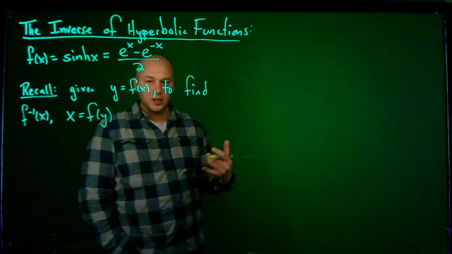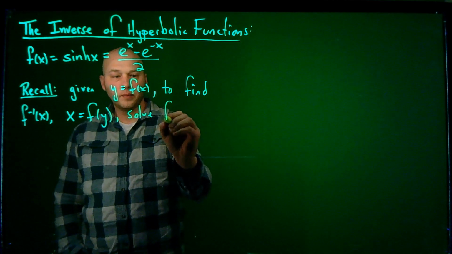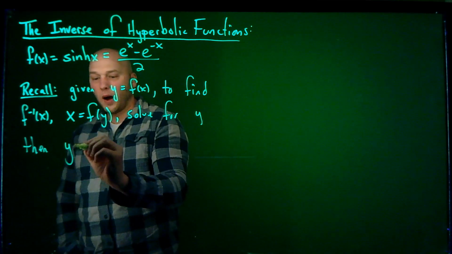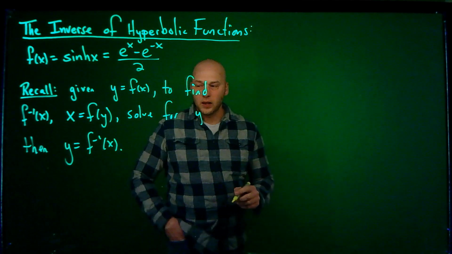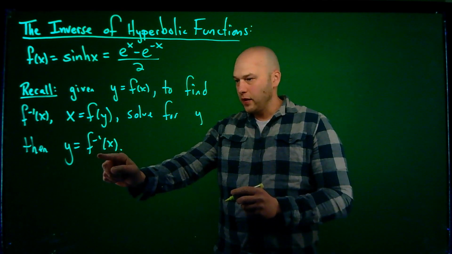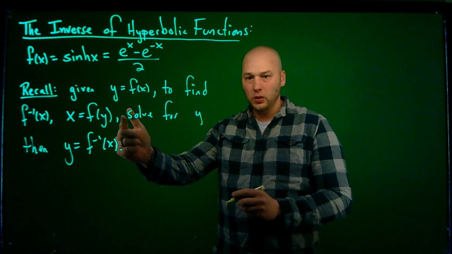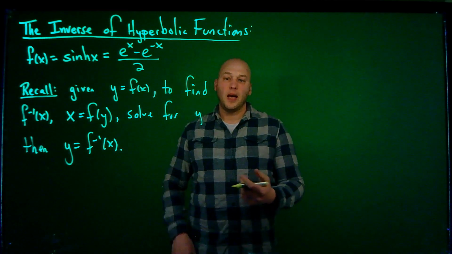In other words, I just interchange the x and the y, solve for y, then y is going to be equal to the inverse function. And that should make sense, because if y is f inverse and I plug it in here, that means I'm taking the composition of those two. F composed with f inverse does reduce down to just x.